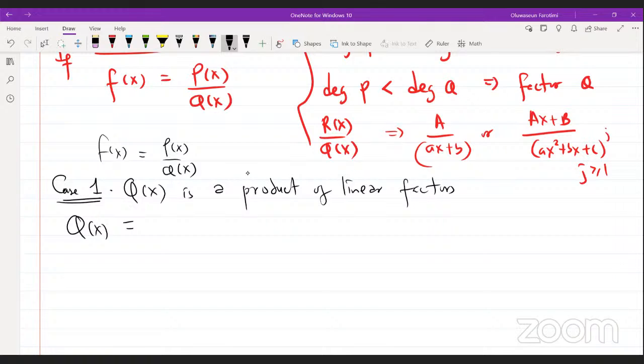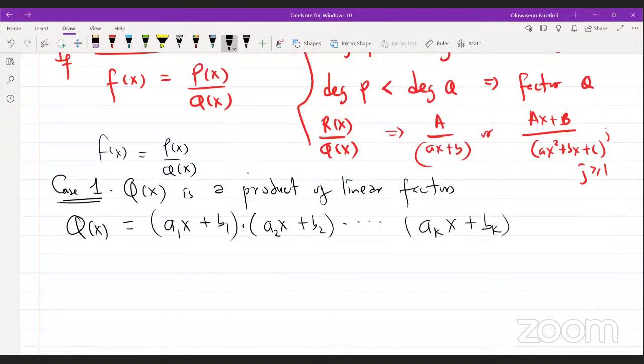That means we have a1 x plus b1 multiplied by a2 x plus b2, and you can continue on to have ak x plus bk. The highest power of x is just 1, so in all these cases the power on x is 1.